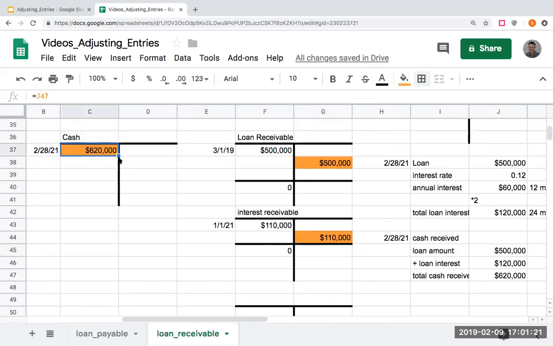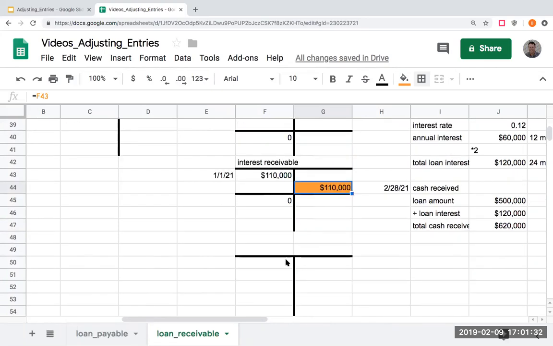I have a debit to cash for $620,000, and my total credits only equal $610,000. So what am I missing? Well, similar to the other questions we looked at, we're going to have interest revenue for another $10,000. And why?